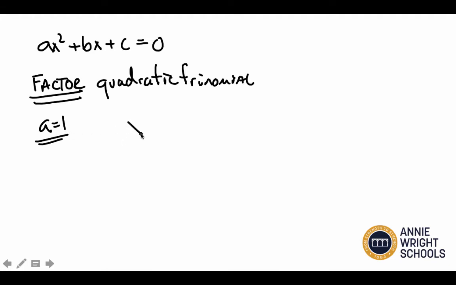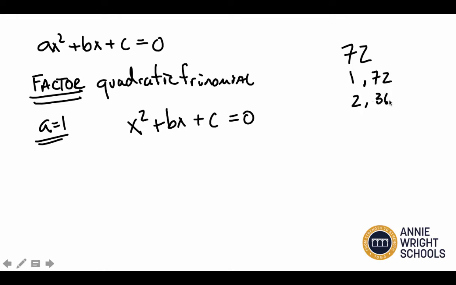But for now, how are we going to factor x squared plus bx plus c equals 0? Now let's go back to what we mean. What does factoring even mean? From a mathematics standpoint, when I say list the factors of 72, I want you to write down the numbers that multiply to 72.